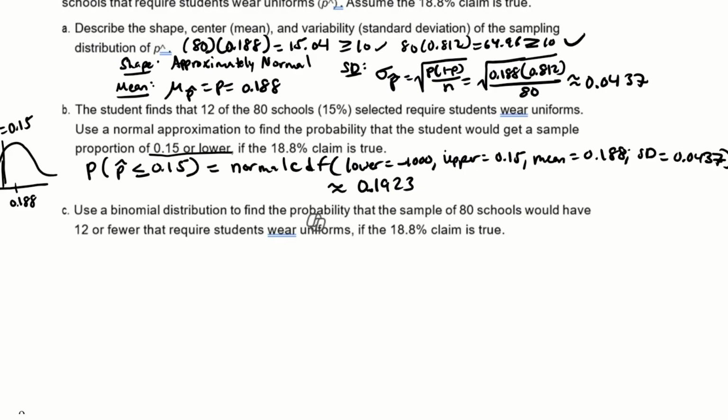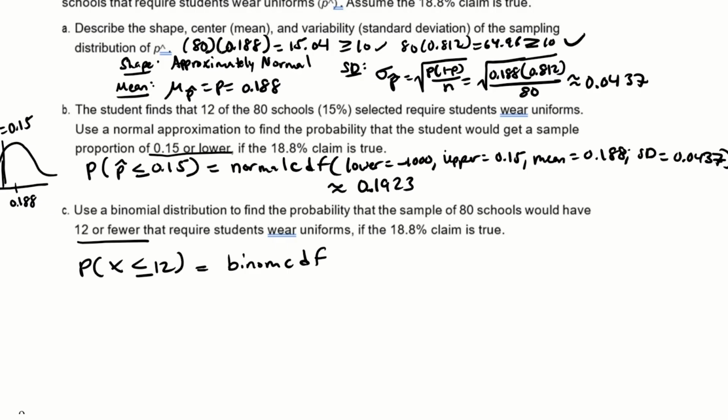In order to do that, we need to use the binomial function. So it's the probability that x is less than or equal to 12. Because it's less than or equal to, we can use binomcdf. Binomial CDF is for less than or equal to. Binomial PDF is for equal to.